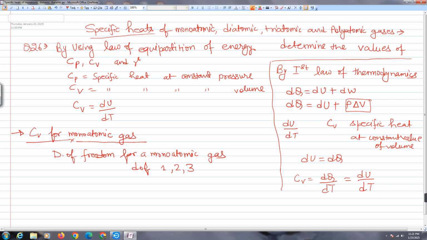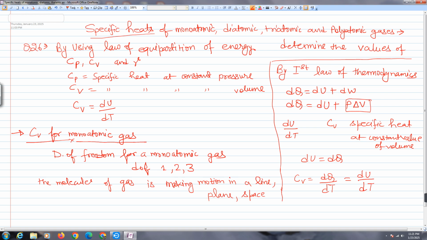It depends on the molecule of gas. The molecule of gas is making motion in a line, a plane, or a space.